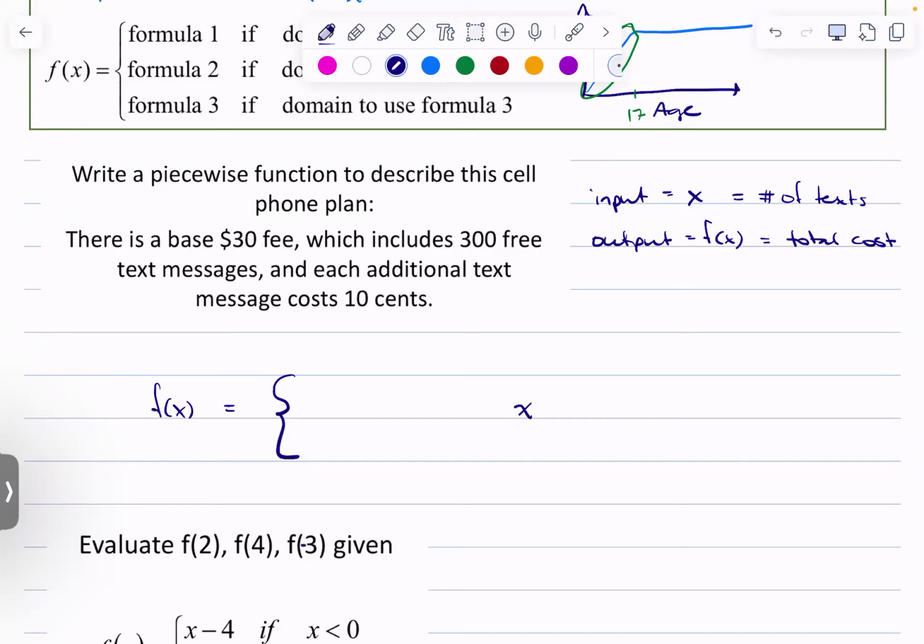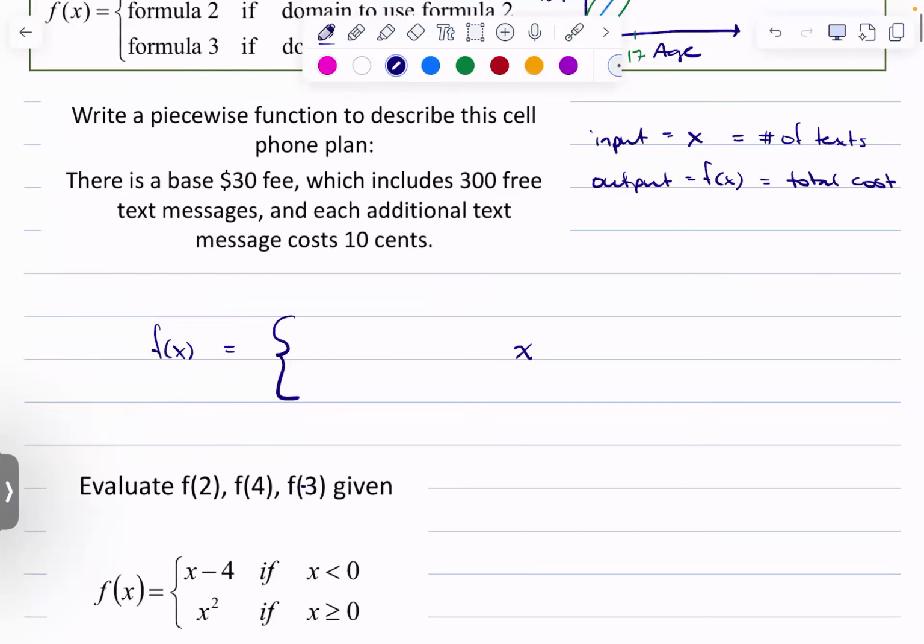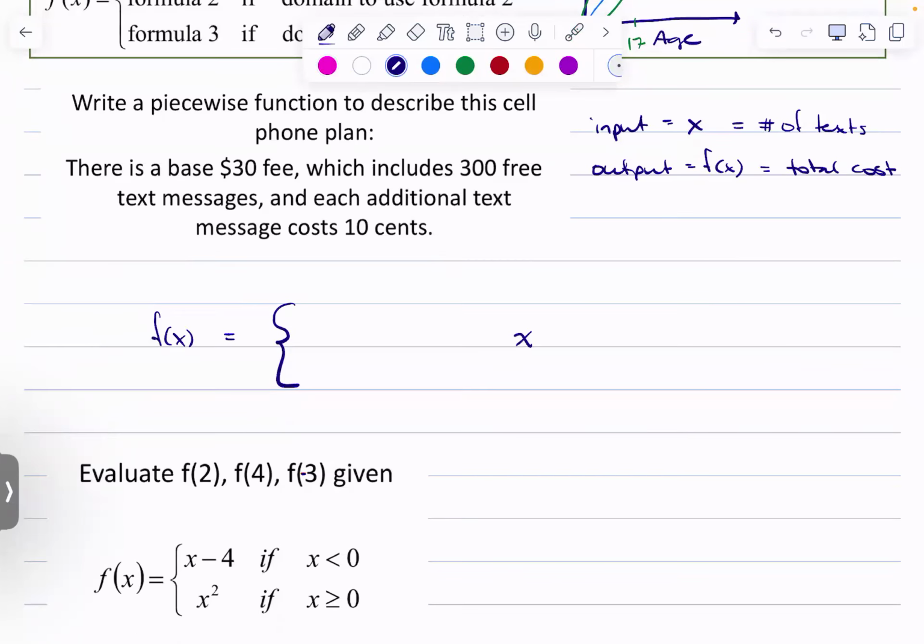So for my first line here, if x is less than or equal to 300, we can put a lower cap on that as well. You can't send negative text messages. And so it's between 0 and 300.